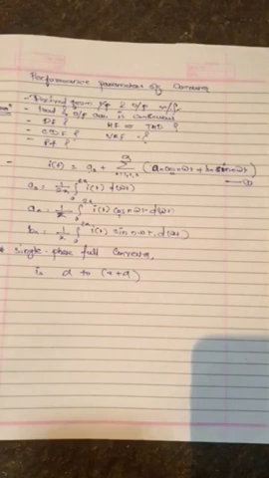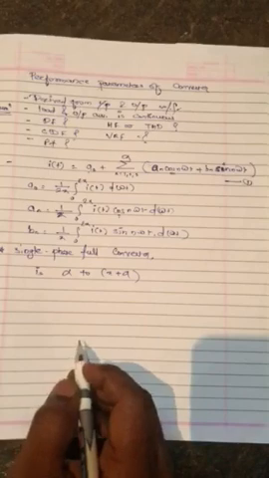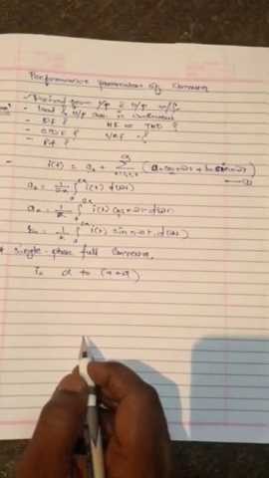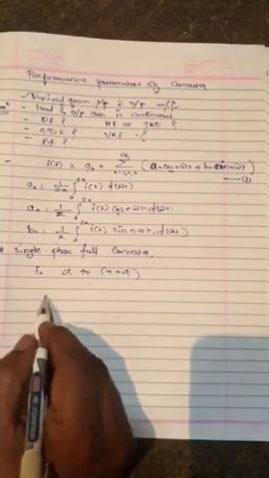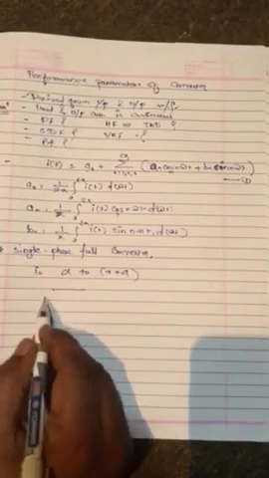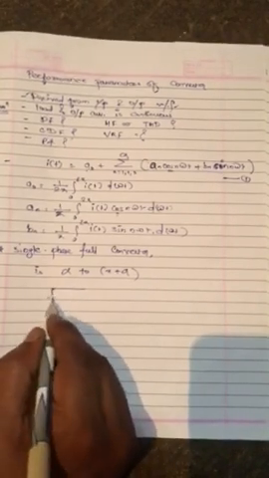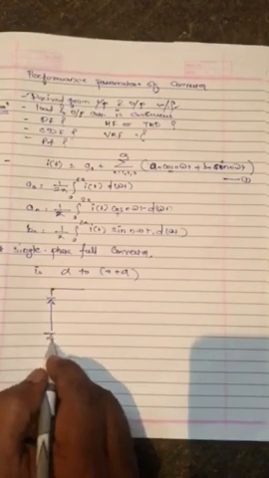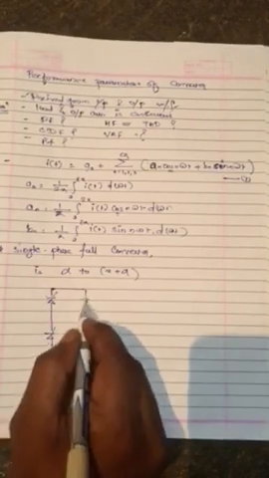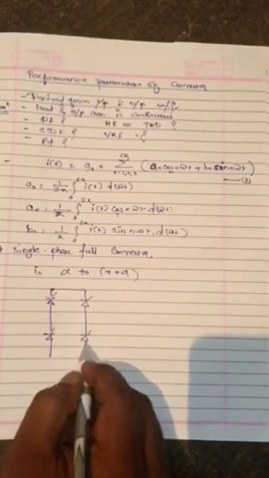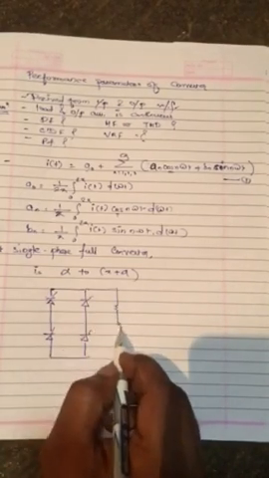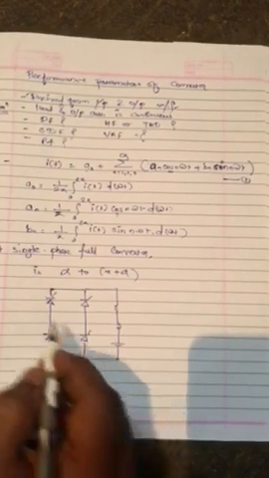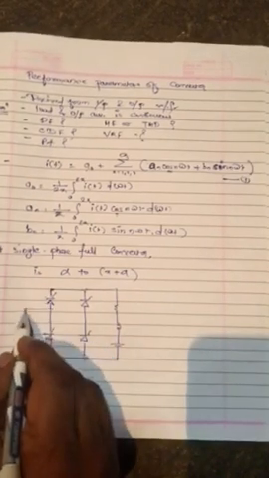If I have to draw the source current waveform, first recall the single phase full converter, which looks like this, having two limbs and four SCRs with an RLE load.